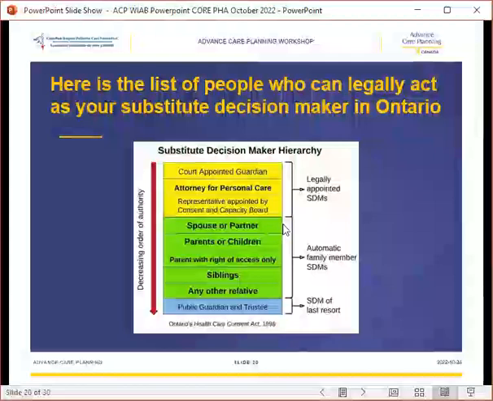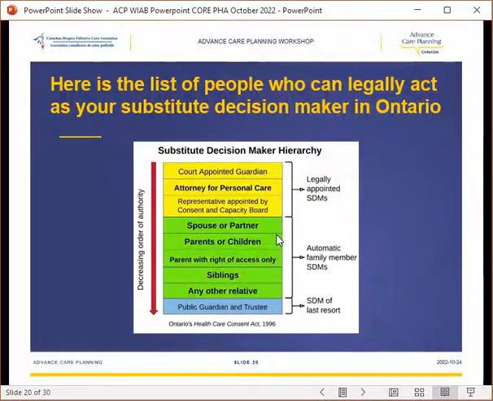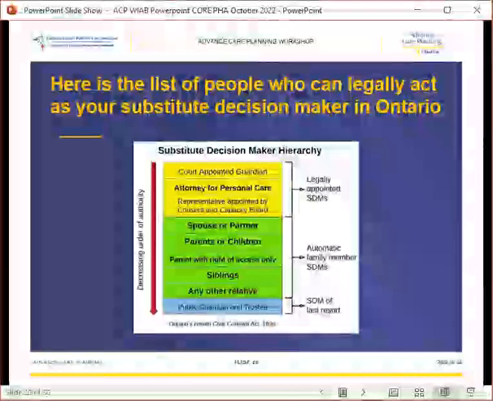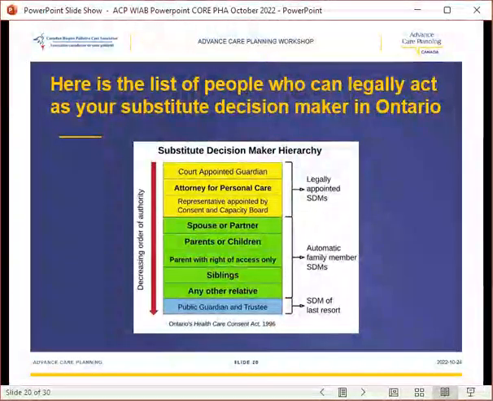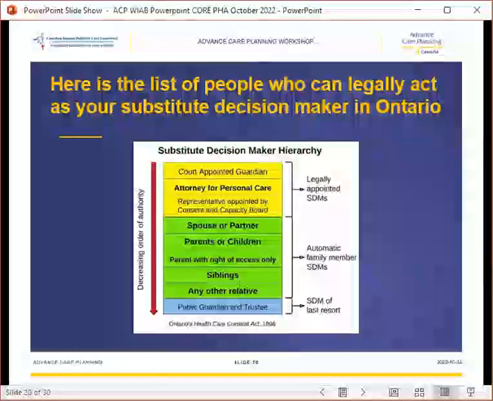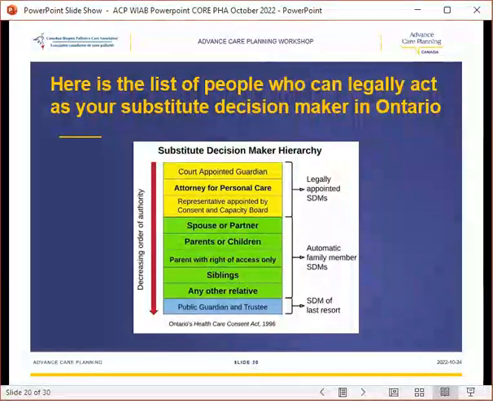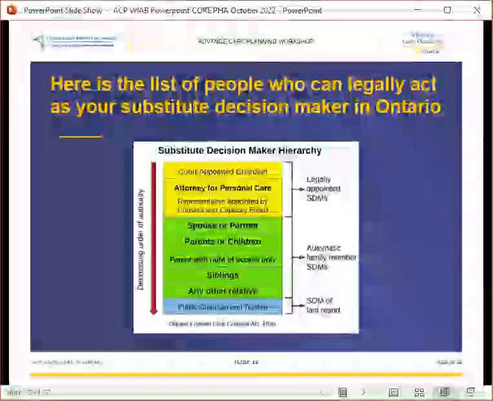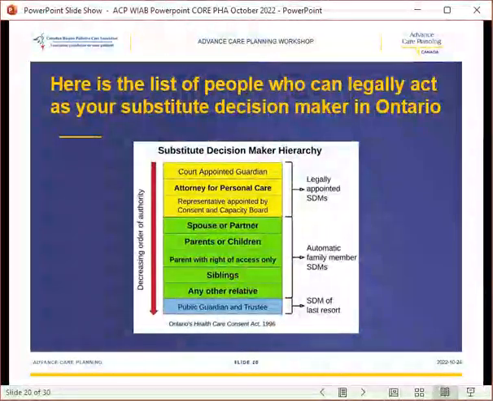And then anything in the yellow would require some kind of a legal step. As you know, creating attorneys for personal care or finance don't necessarily require a lawyer to do those, but they do require that the process be followed in this specific instructional format in order for it to be legal.